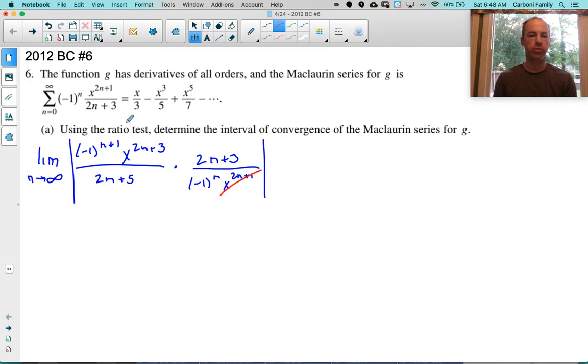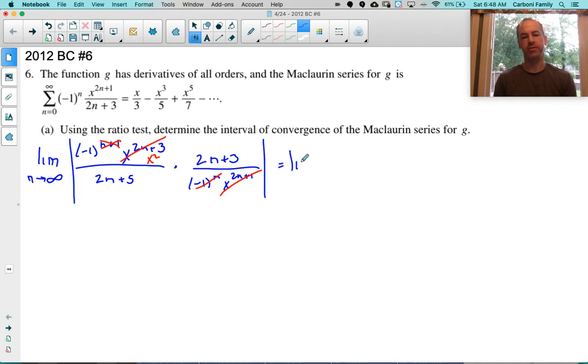There are 2 more x's on top than on bottom, so I'll just change that to an x squared. I have 1 more -1 on top than I have on bottom, but that really isn't going to matter because the absolute value will get rid of the -1 and make it positive.